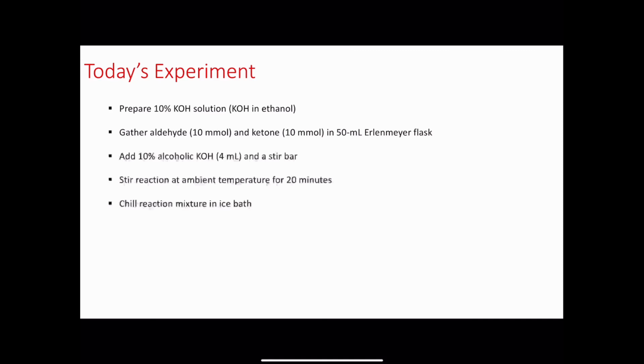Then you're going to chill the reaction mixture in an ice bath. Make sure that we have some solid precipitating out of the solution. Then you're going to collect the crude product by using vacuum filtration, and you're going to use ice cold ethanol to wash the solid.